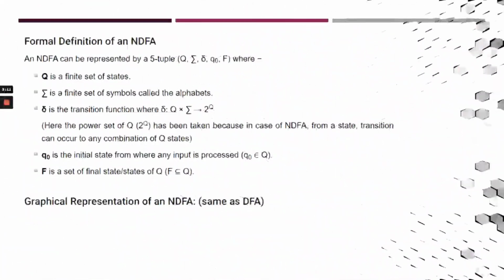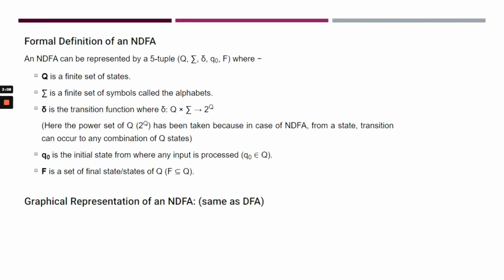So, formal definition of NDFA. An NDFA can be represented by a 5-tuple Q, sigma, delta, Q naught, F, where Q is the finite set of states, sigma is a finite set of symbols called the alphabets, delta is the transition function where delta, here it is very important, Q cross sigma implies 2 power Q. For DFA we have already seen delta is equals to Q cross sigma implies Q, not 2 power Q. So for Q, it is DFA.